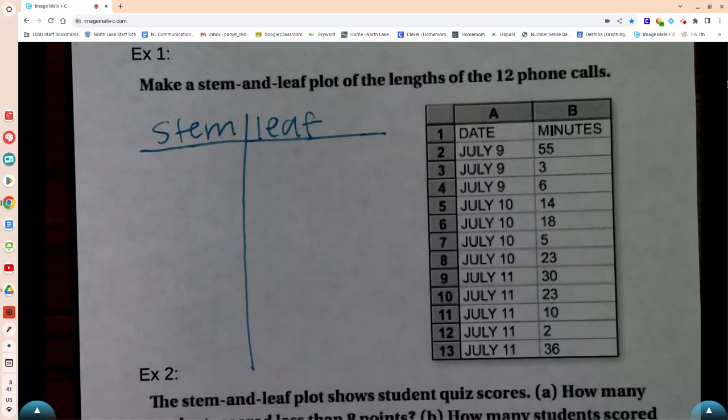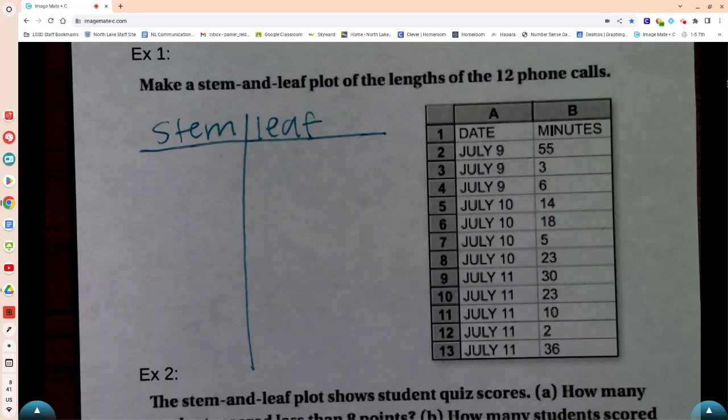So what I'm going to choose to do is cut them between the 2 digits, meaning on the left is going to be the number in the tens place, and on the right will be the number in the ones place. So if I had the number 54, I'd put a 5 as the stem, and a 4 as the leaf, just cutting it right in half.